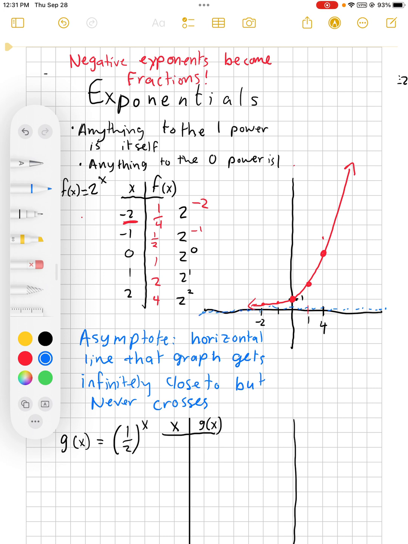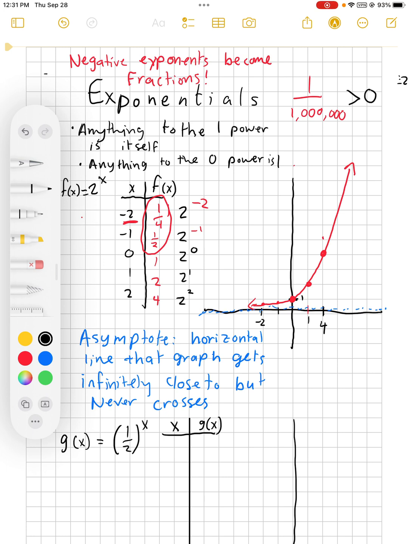And here's why. As we get our fractions, those fractions are going to get infinitely smaller but never quite become 0. So for example, 1 over 1 million is a very, very small fraction, but it's still bigger than 0.